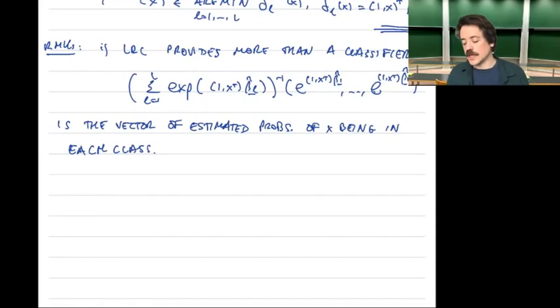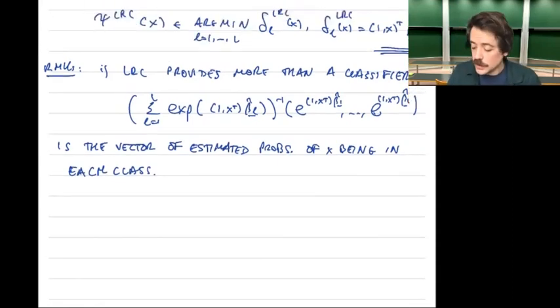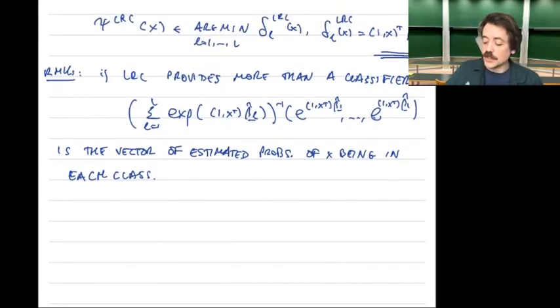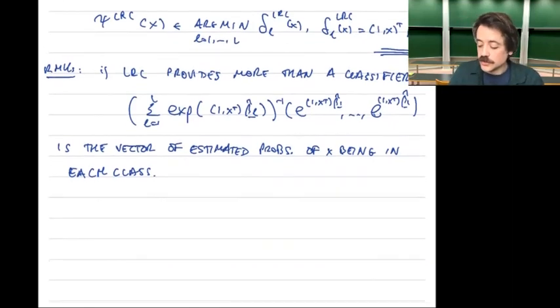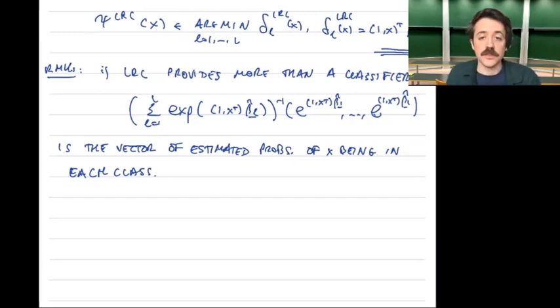Okay, so it's more than just classification. And then, of course, what we're doing when we try to classify is to look at this. What we're implicitly doing, at least through the definition that I've given, is looking at all of these estimated probabilities and taking the one with the largest value.